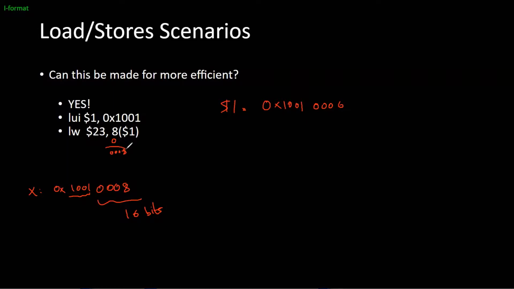That's the 16-bit offset, and this is going to be added to register 1. We know that the lower part of register 1 is 0 and the offset is 16 bits, so it's only going to be added to this part and it's not going to change the upper part. So the address that we're going to be loading from is going to be 1001, 0008. And that's the original address that we had here as X.